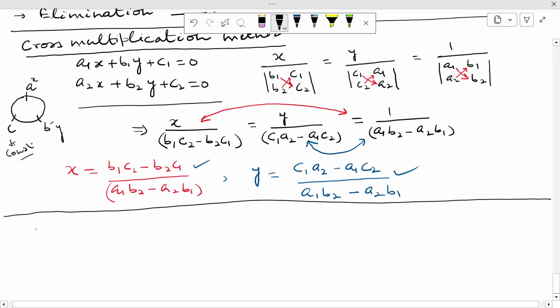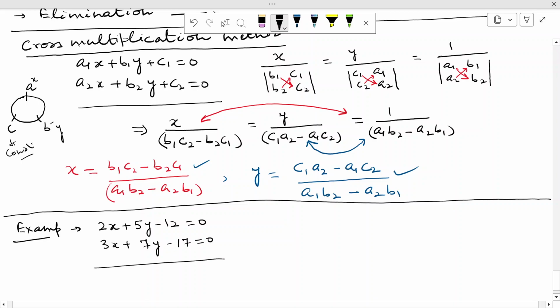सो जल्दी से हम लोग कुछ एग्जांपल्स देख लेते हैं. एग्जांपल्स किस तरीके से हम लोग सॉल्व कर सकते हैं. सो पहला हमारा जो एग्जाम्पल है वो है 2x प्लस 5y माइनस 12 इज इक्वल्स टू 0 एंड वी आर हैविंग 3x प्लस 7y माइनस 17 इज इक्वल्स टू 0. तो अगर आप यहाँ पर देखते हैं तो a1 आपका आता है 2, b1 आता है आपका 5 और c1 आता है आपका -12.